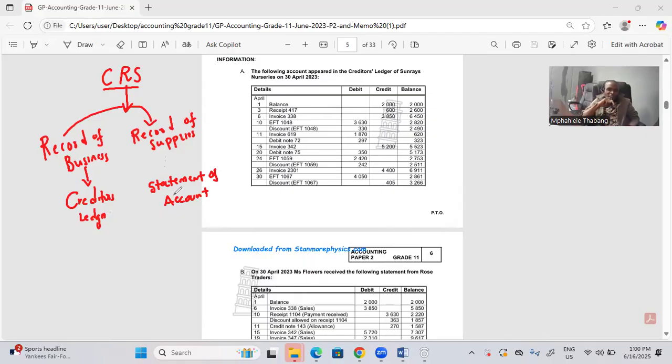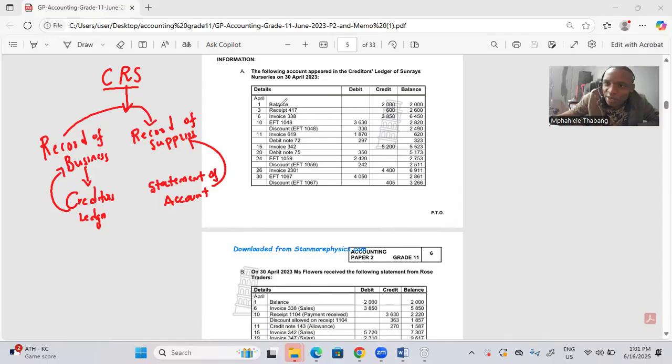Remember, guys, the creditors ledger is prepared by the business. The statement of account is the account which the supplier sent to us. So creditors reconciliation statement is a process where we compare the creditors ledger with the statement of account.